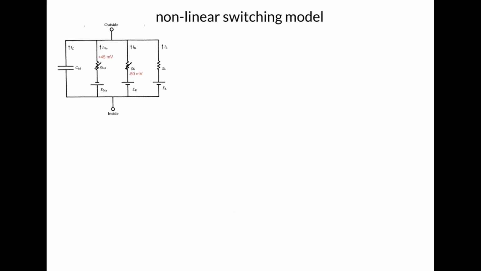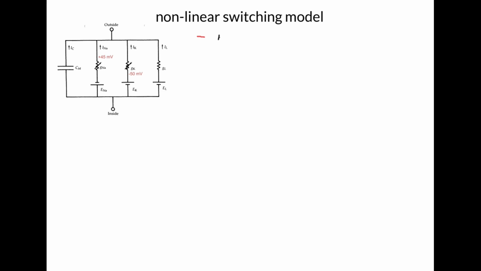Now let's put this a little bit into equations. So here you see again our model. It's the typical Hammond cable, but now with changing resistances, G_a, G sodium and G potassium.